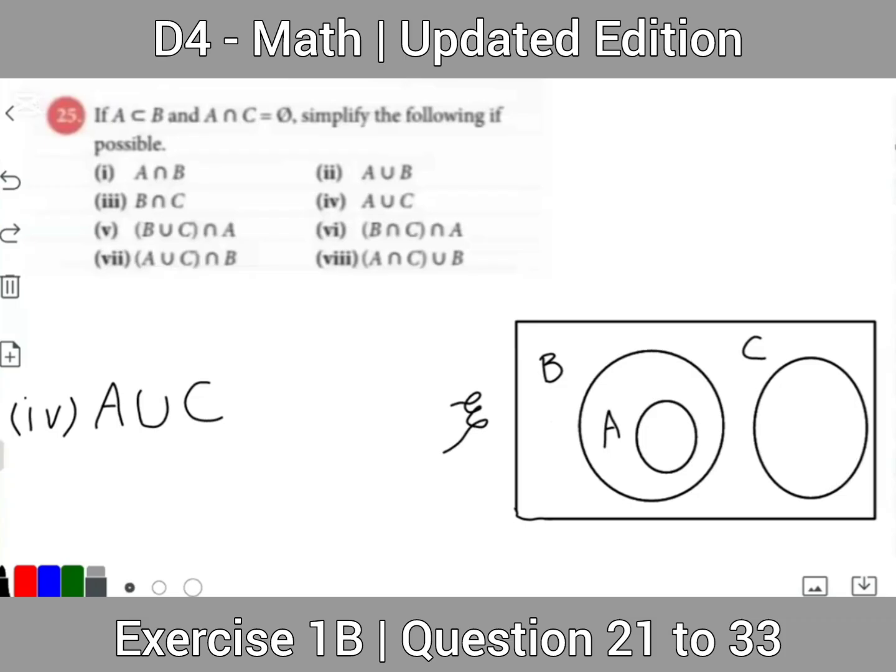Now in the part 4, we have to find out A union C. If we shade the region for the set A union C with blue, according to shaded region, it is not possible for us to simplify A union C further.